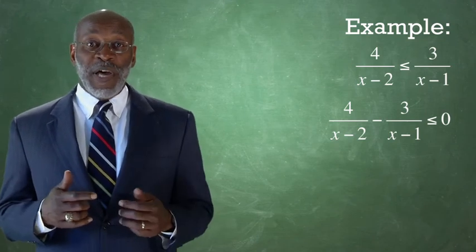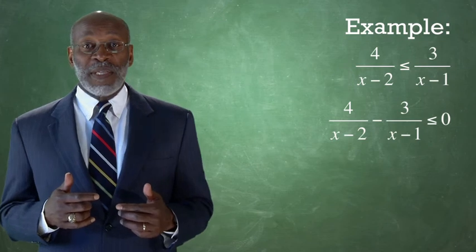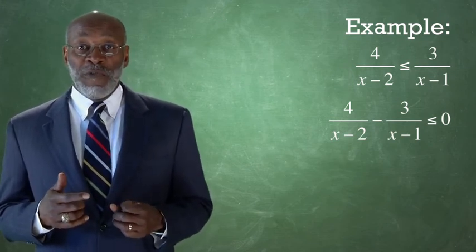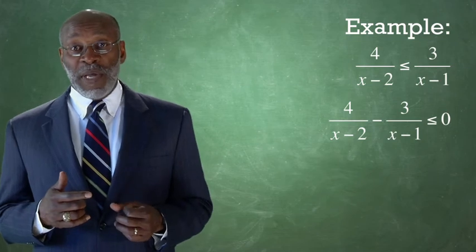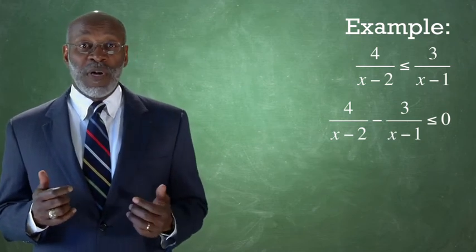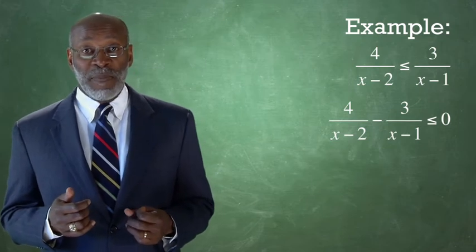We can simplify this expression to get it in the form required by putting 4 divided by x minus 2 minus 3 divided by x minus 1 over a common denominator.